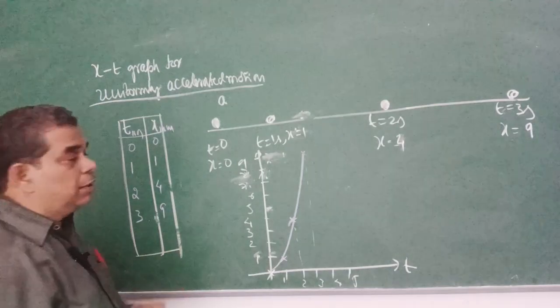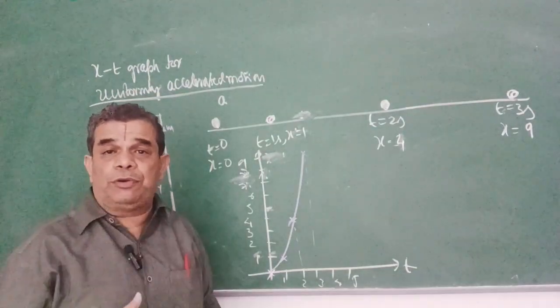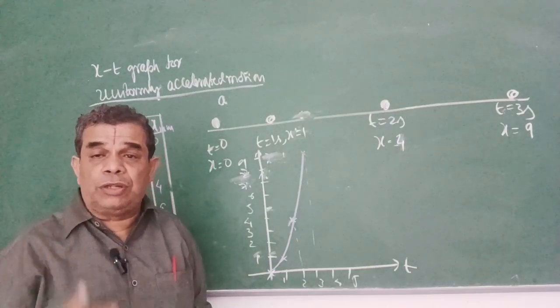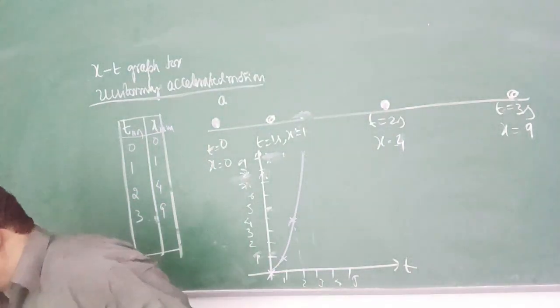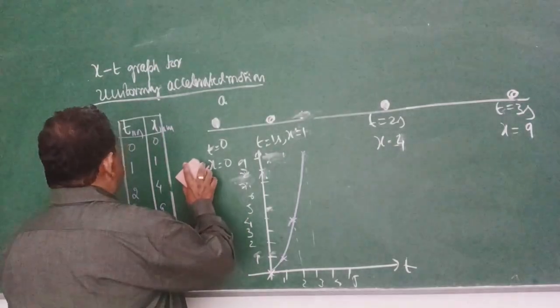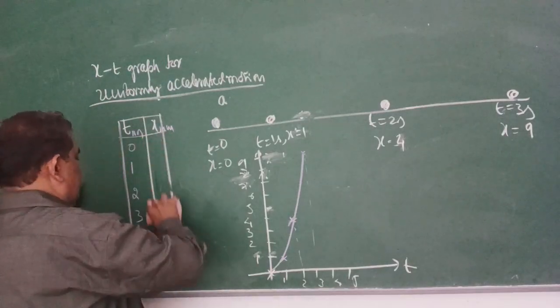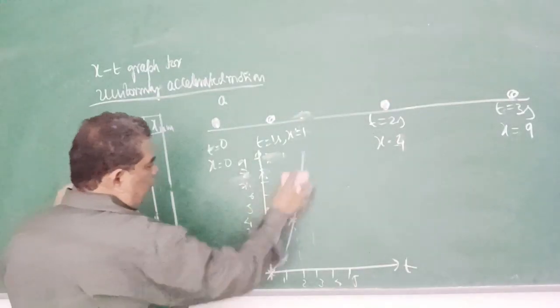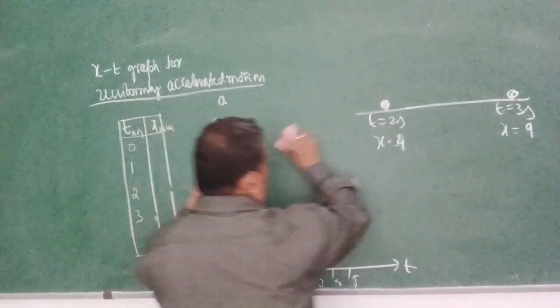Now we go for uniformly retarded motion or decelerated motion, where the velocity goes on decreasing and the distance covered also goes on decreasing. We use the same tabular column, but graphs are different. I write once again completely. Just observe.